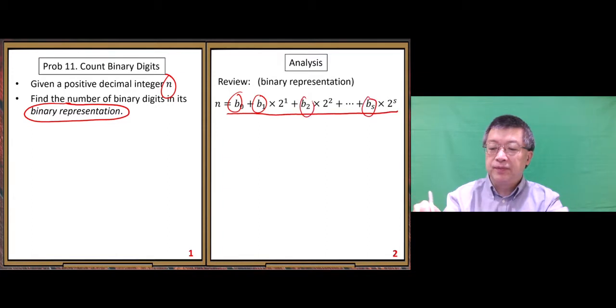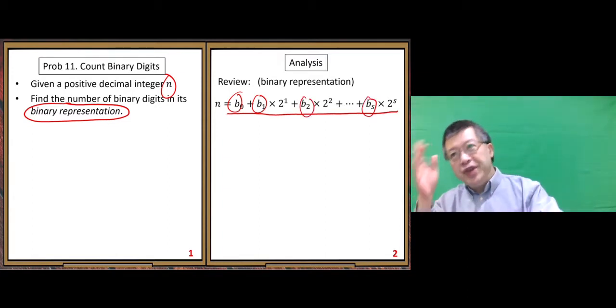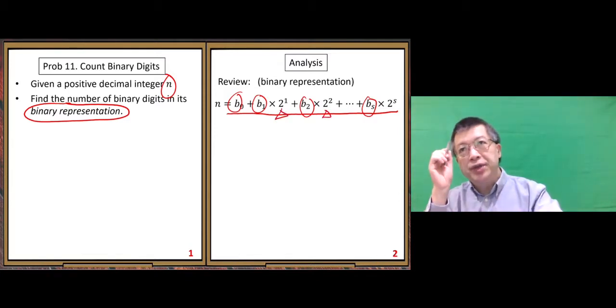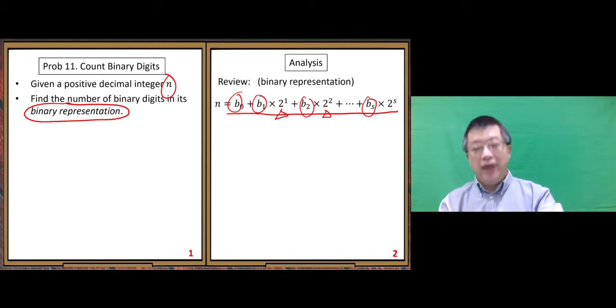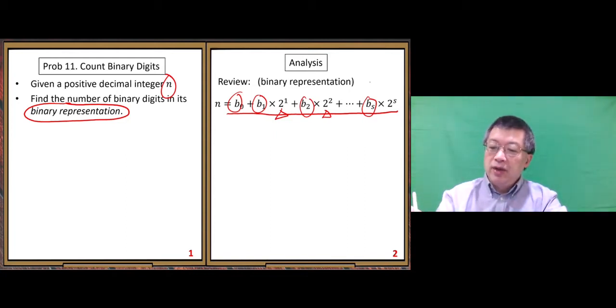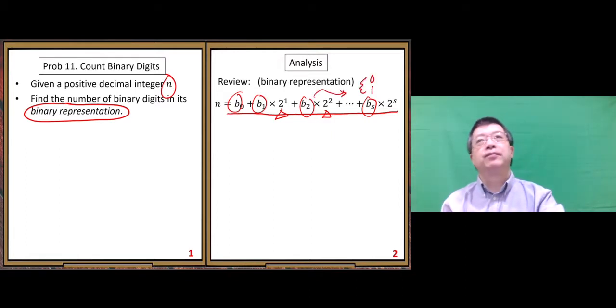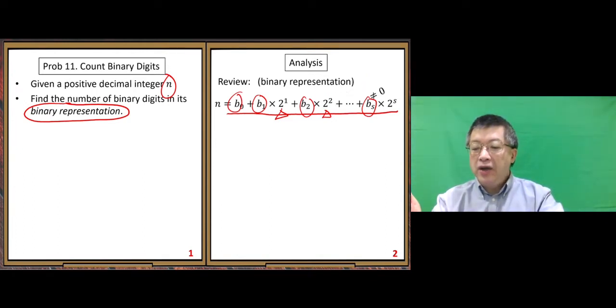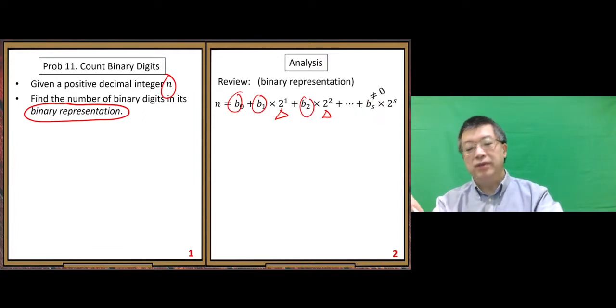Only 0 and 1, because the base is 2. Here, the binary, so the base number is 2. Then each binary digit, or bit, right? Binary digits, that's the bits. Each is either 0 or 1. But we also know the highest bit cannot be 0, right?